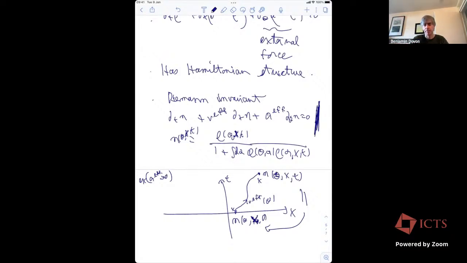That is still there, but you cannot use that to solve the equation explicitly like Burgers' equation. In principle it's like that, but because this v^eff and a^eff of course depend on n in a complicated fashion, it's not so immediate to solve these equations.